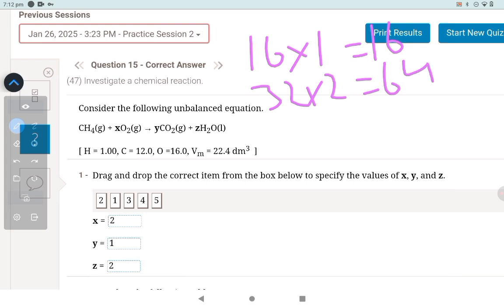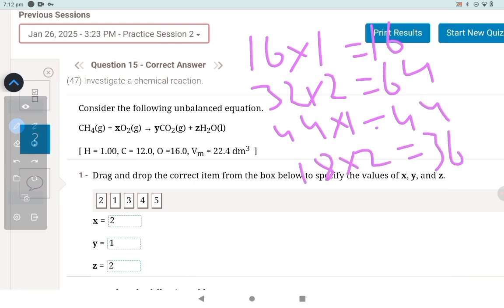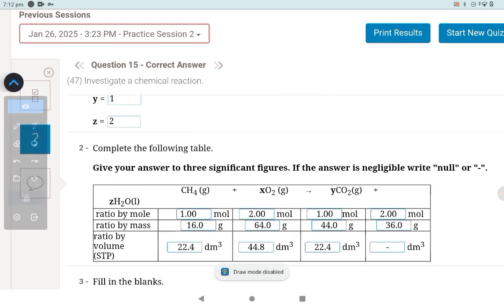CO2 is 12 plus 32, 44, times 1 is 44, and H2O, 2H and 1O, that's 18, times 2, we get 36. Those are the values.